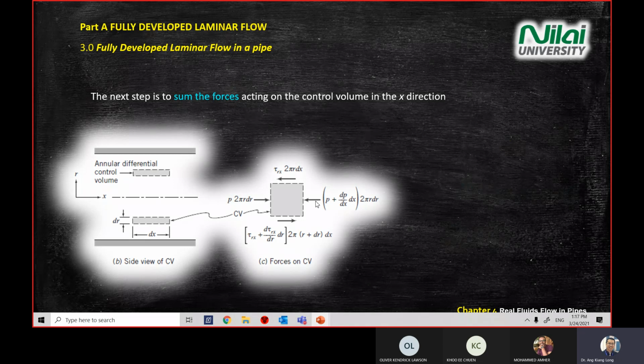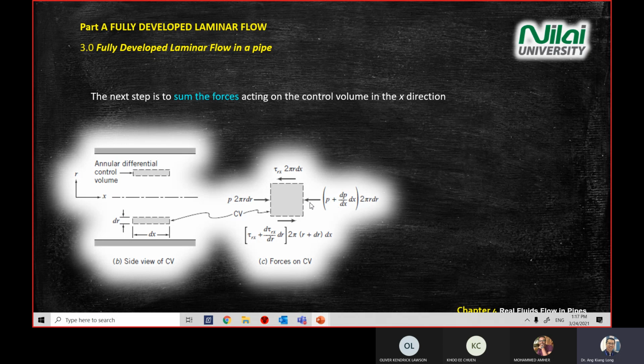From the left, you have pressure times area, which gives the force on the left face. The area is 2 pi r times dr, where 2 pi r is the circumference of the cube here. Since we are in a pipe, we use 2 pi r dr.